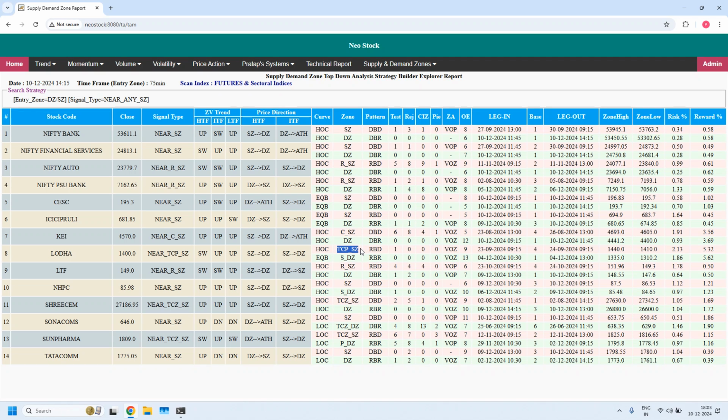KEI is not valid. It is a pierced zone. LODA is having a high liquidity 75 minute supply zone. LTF, L&T Finance is having one too. So we have only 2 valid high liquidity 75 minute supply zones from this list.